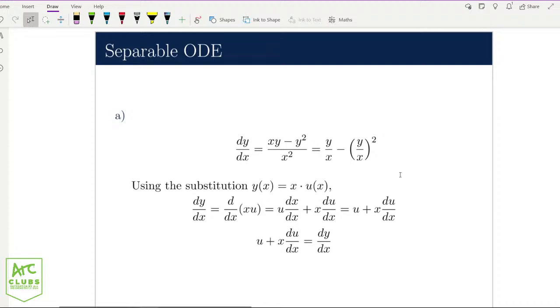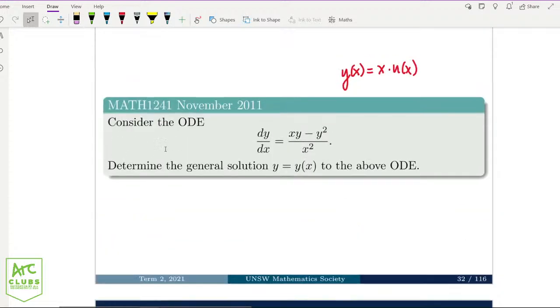And remember, this particular concept of using substitution to solve ordinary differential equations is only examinable in MATH1231. And sometimes they tell you the substitution as well, so it becomes a lot easier, but obviously not in this particular case.